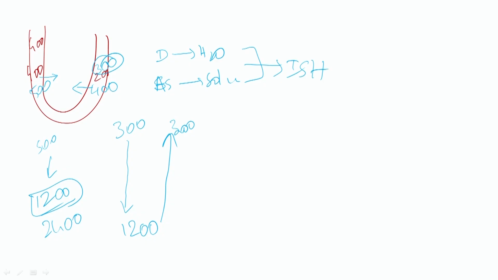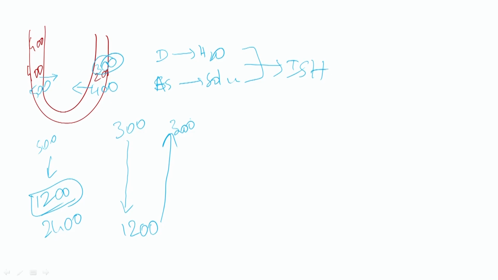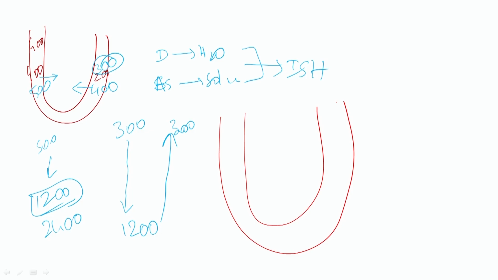Now once this has taken place, the next part is the countercurrent exchanger. To understand that, again I am drawing the loop of Henle. Now inside this loop of Henle, you have the vasa recta.